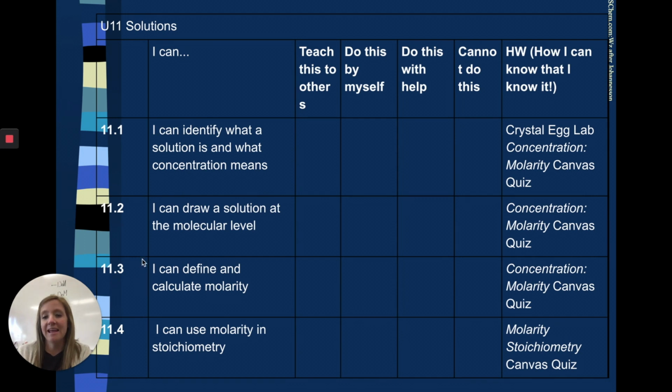And then 11.3, I can define and calculate molarity. That's also what we're going to learn today. So for these three I CANs, you should be able to give yourself a ranking after doing the lesson. And then 11.4 is next time's lesson, and you'll have practice with that one as well. Okay, so let's jump into this.